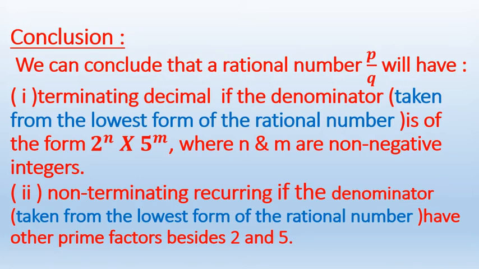So take care of this condition: whenever you observe any other prime factor besides 2 and 5, you can say that the decimal representation of that rational number will be non-terminating recurring. So this is today's lesson.